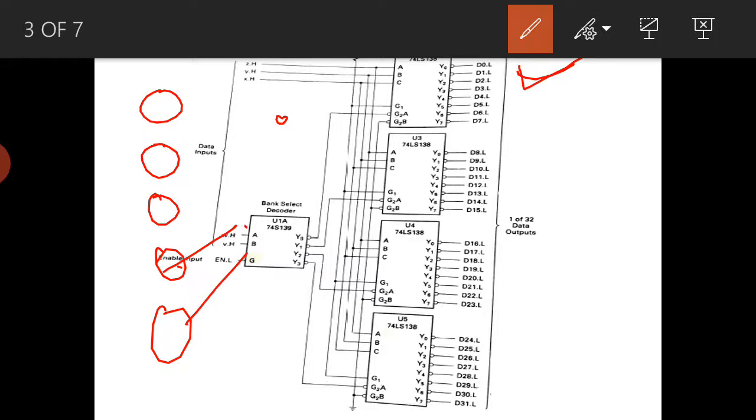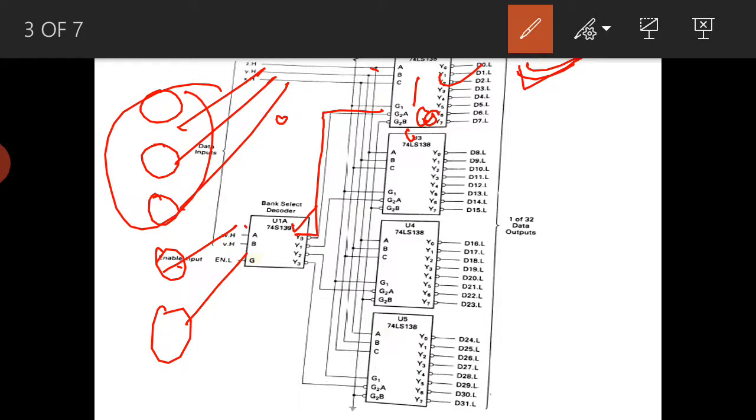If it is 0 0, the first output of the 2:4 decoder will be active, meaning it will be low. So the first 3:8 decoder enable is low, and the others are 1, giving a combination of 1 0 0 on the enable signals. The inputs are these 3 connected here, 0 0 0, and only the first IC is enabled. As the combination is 0 0, the first will be enabled, and all others are active high, meaning disabled.